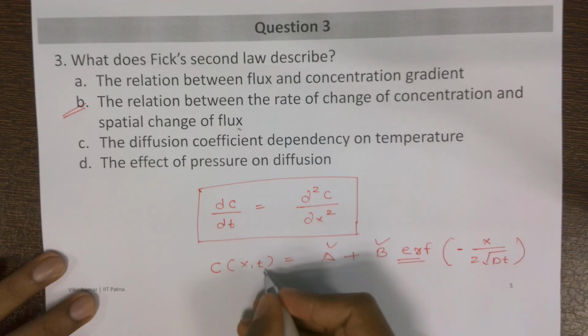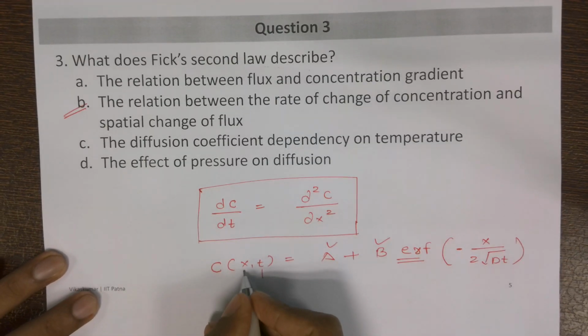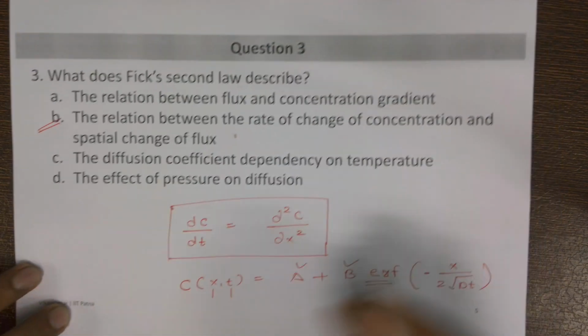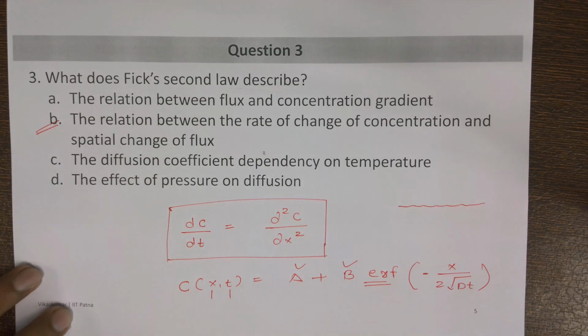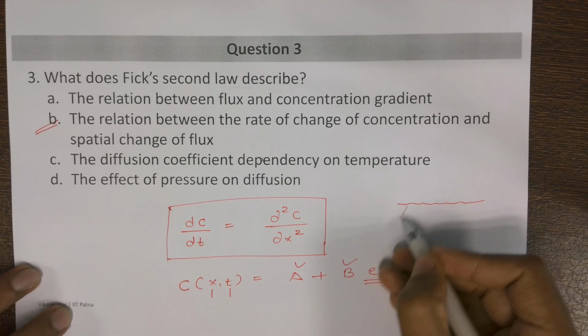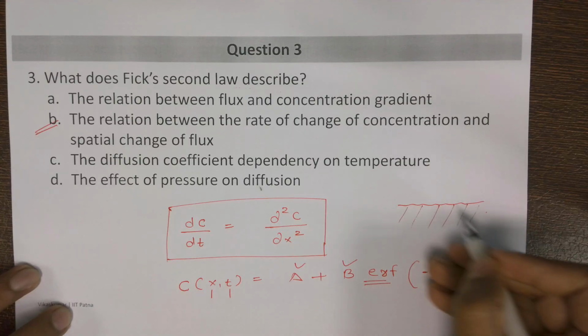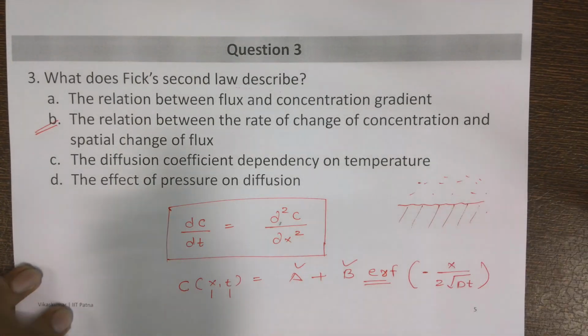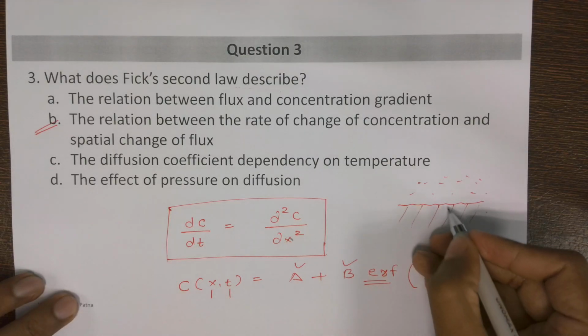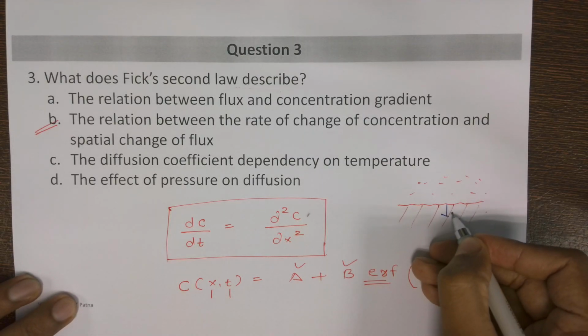So if I know the particular time, if I know at what depth, see, this is my surface. Just now we talked about the gear. Let's say this is a part of the gear. Above is the gaseous atmosphere. So the concentration of carbon is important.